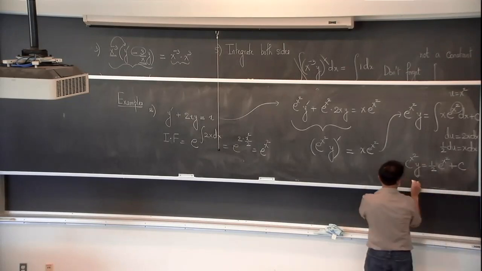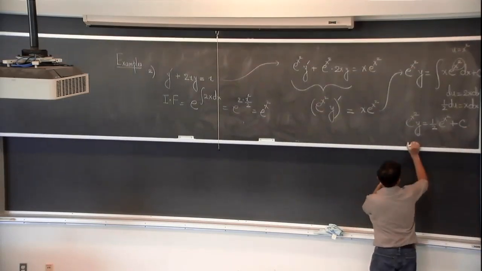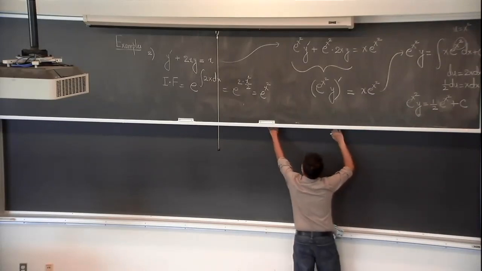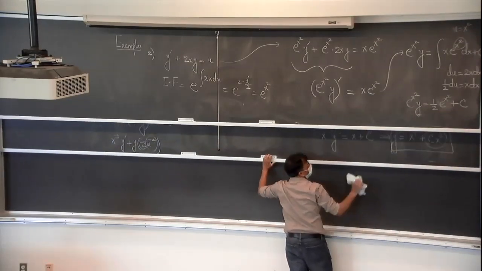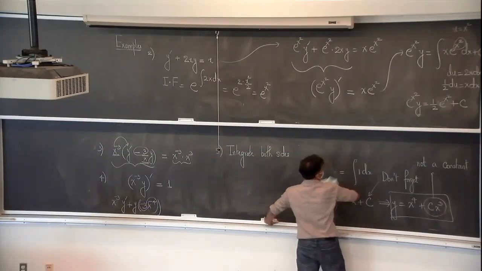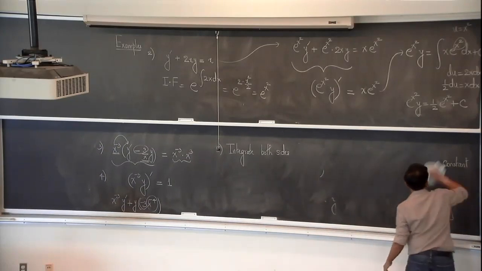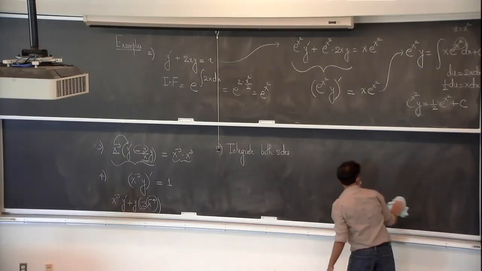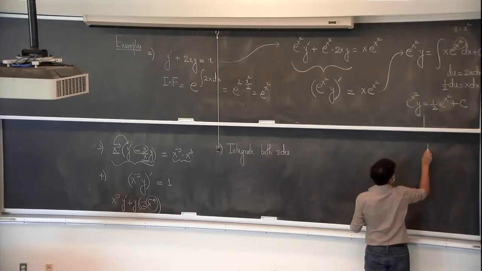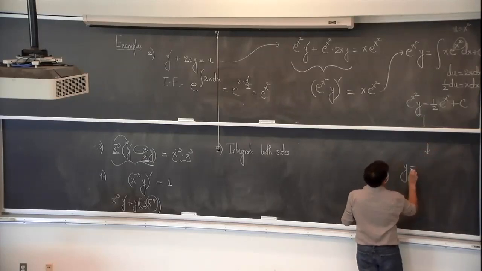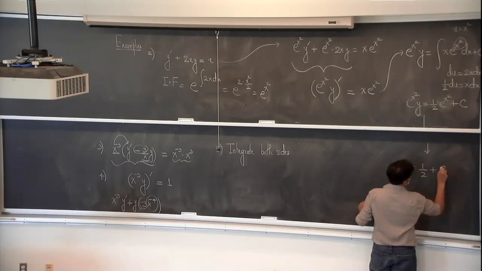You get y equal to 1/2 plus c e to the power of negative x square.